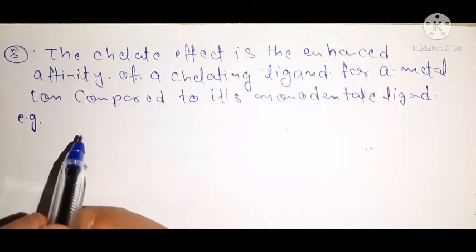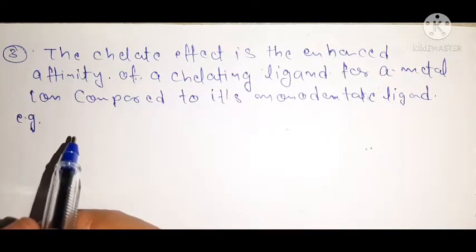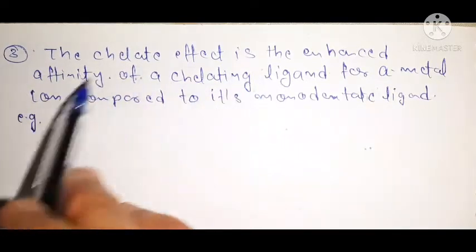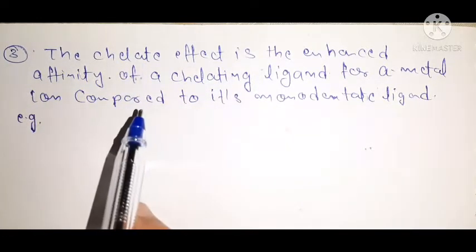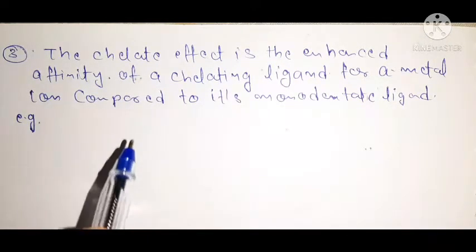So for example, ethylene diamine is a bidentate ligand that binds metal ion more strongly than monodentate amine ligands. Okay, this definition is clear on the basis of this example.